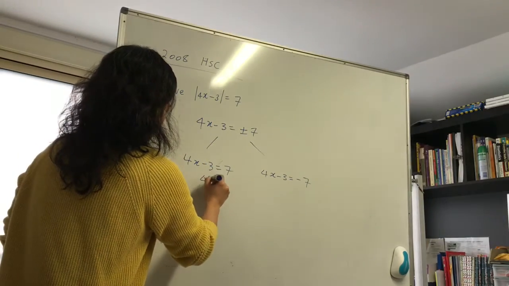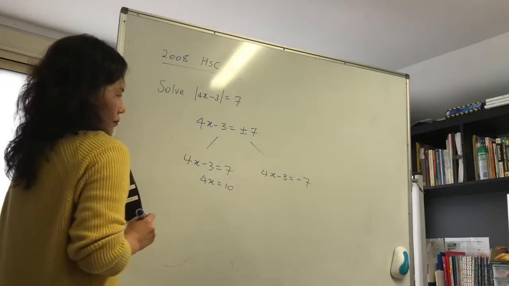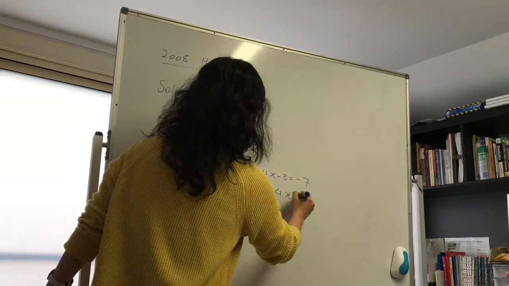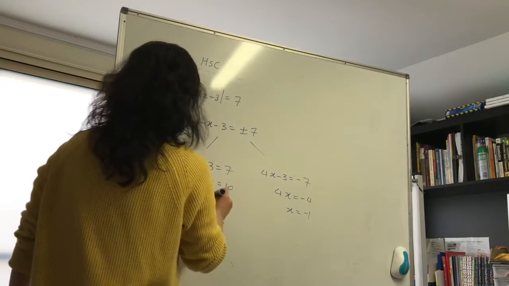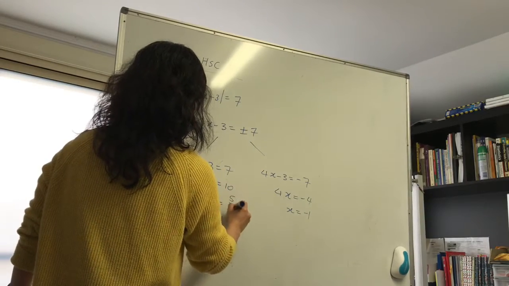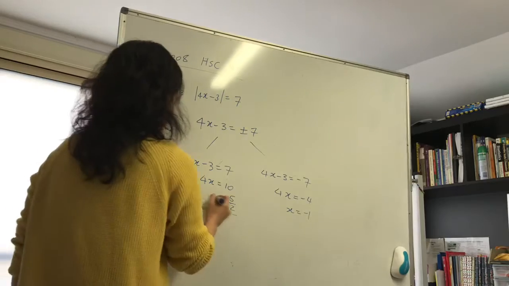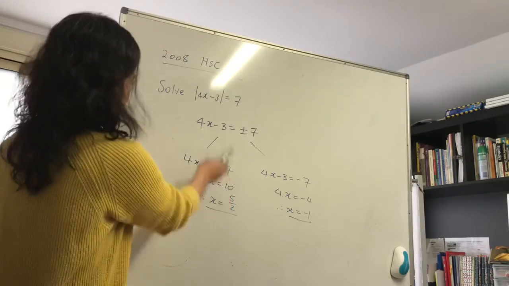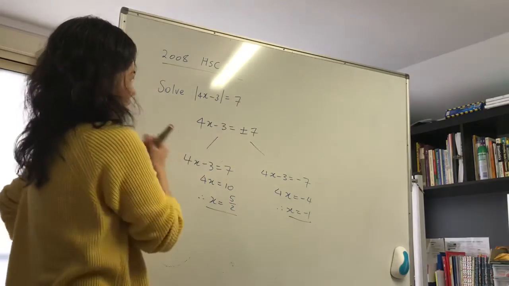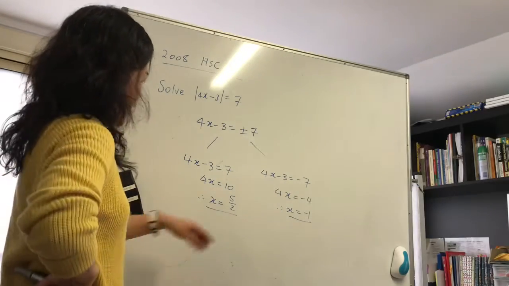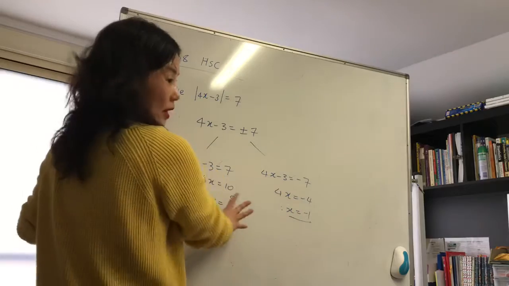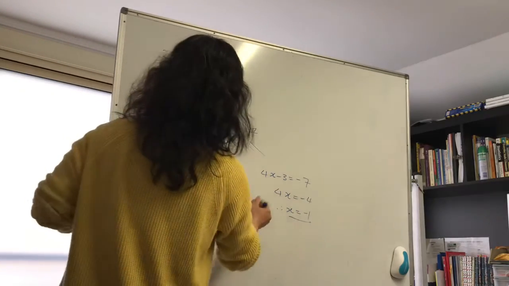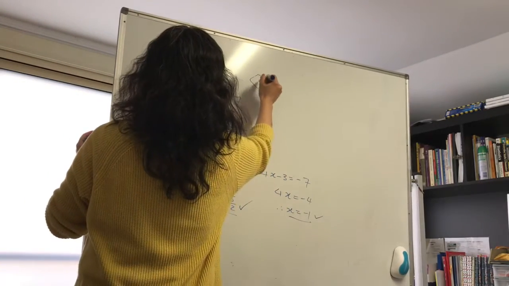So what's that? 4x equals 10. 4x equals -4. x equals -1. You put it in and you will get 7, right? And when you put -1 in there, you'll get 7. That's your answer. So that's 2 marks. It was originally 2 marks.